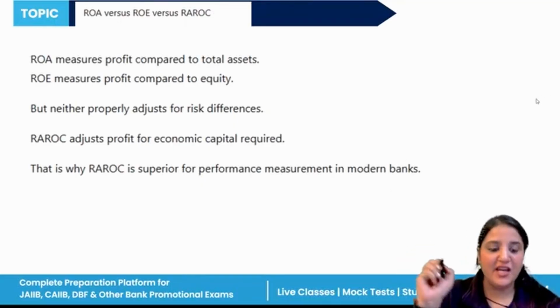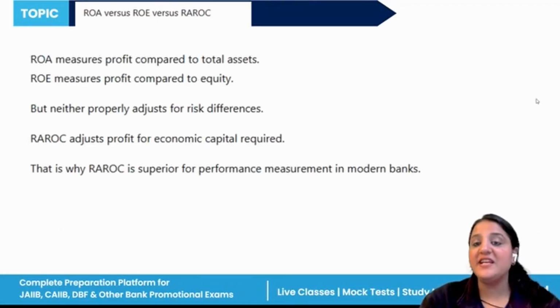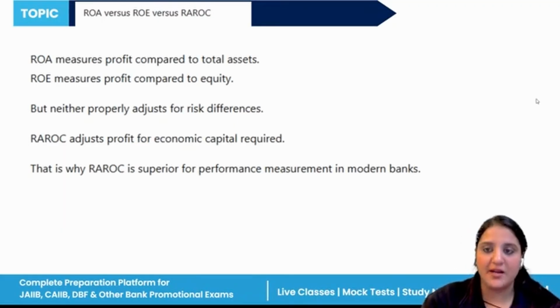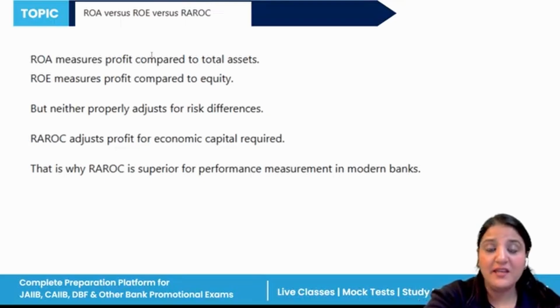If higher ROA is there, that indicates the company is more effective at converting its asset investment into earnings. That is ROA. And what is the meaning of ROE?